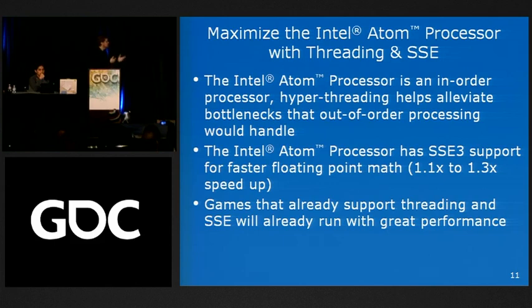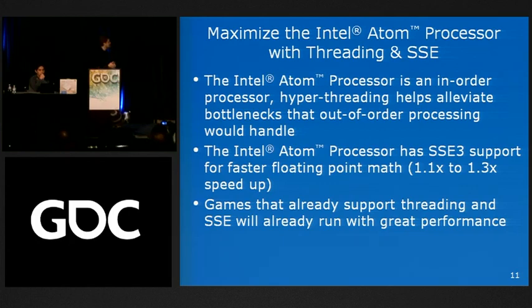What does this do? Well, it helps alleviate some of the lack of the out-of-order processing. If one thread stalls because it needs to go get something else, the other thread can come in and use the execution units that thread would use. It also helps, especially with things that have a lot of I/O latency, because, again, one thread will probably be waiting around for disk reads or whatnot to finish.